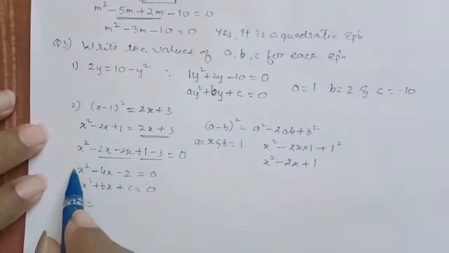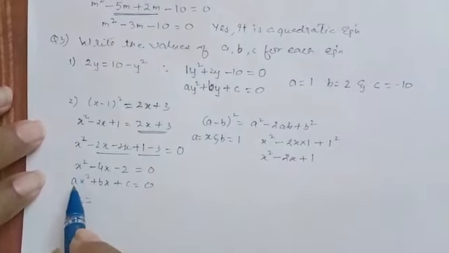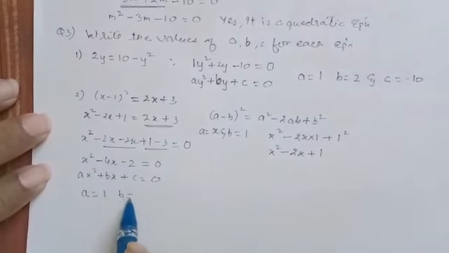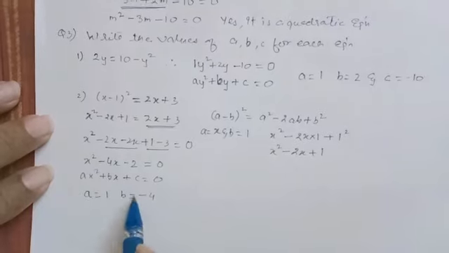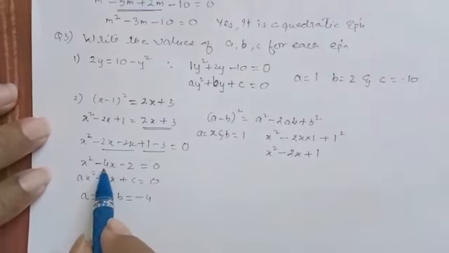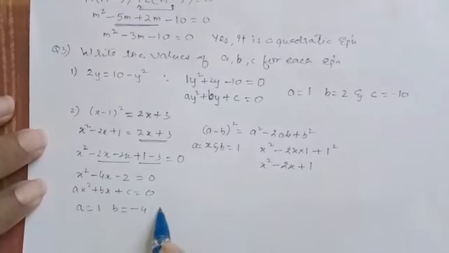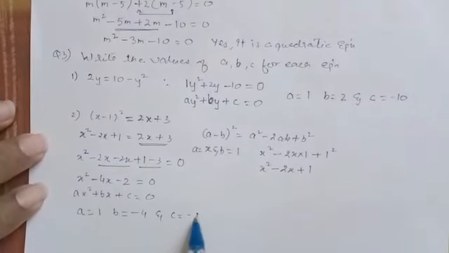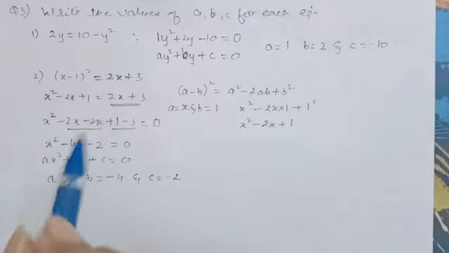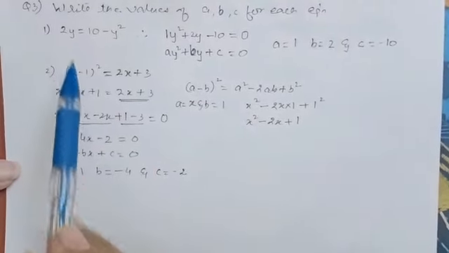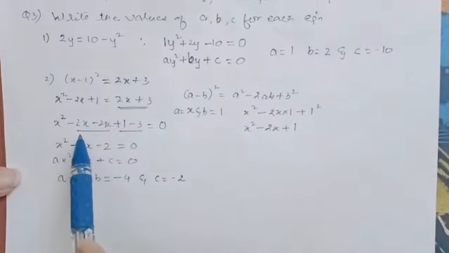Here nothing is there, I can write it here 1, or else we can directly write a is equal to 1, b is equal to minus 4, don't write plus 4, b is equal to minus 4 and c is equal to minus 2. Based on this example 1, we can solve question number 3 on your own.